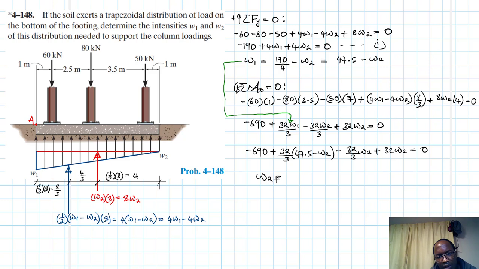Therefore, our W2 is just going to be equal to, you can calculate directly, minus 690 plus 32 divided by 3 times 47.5.